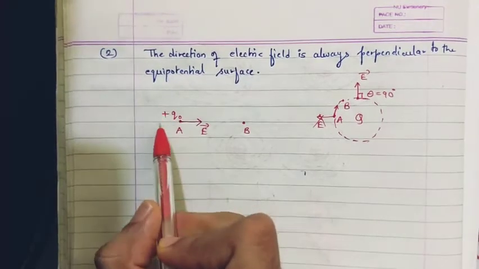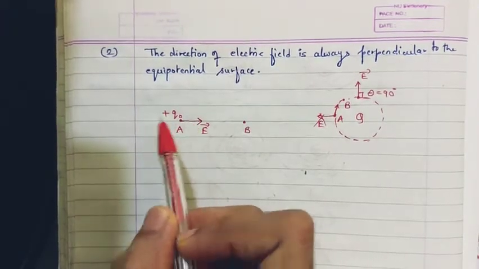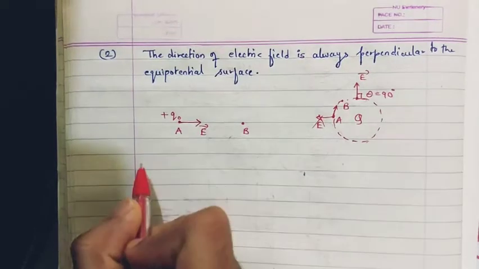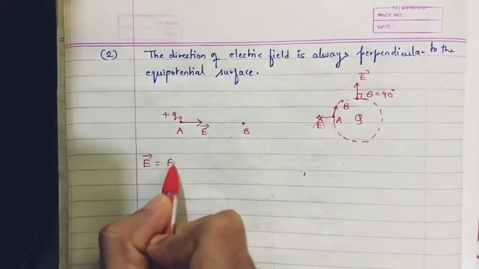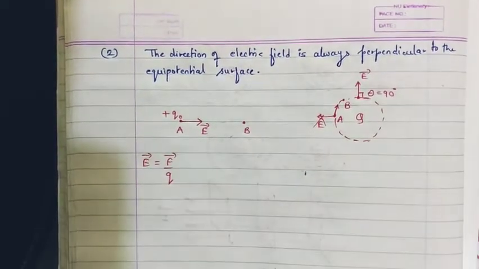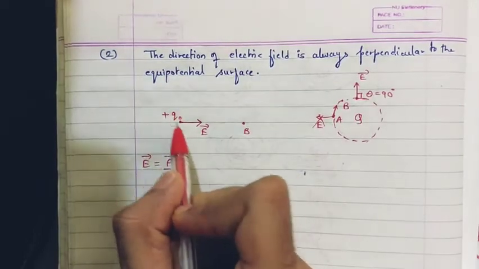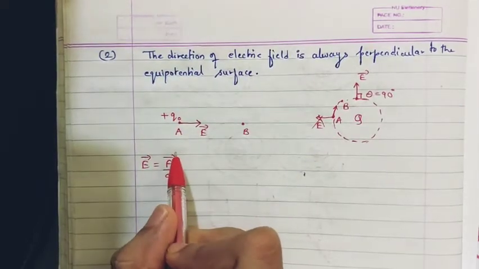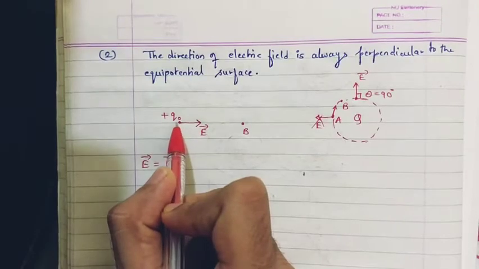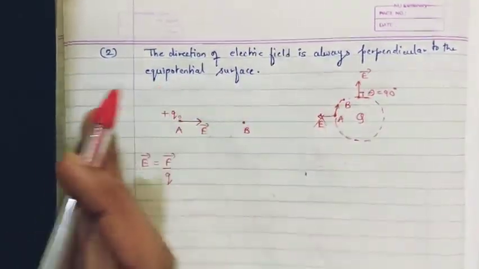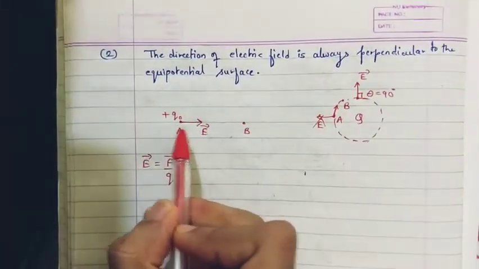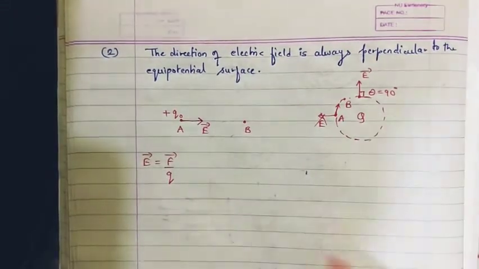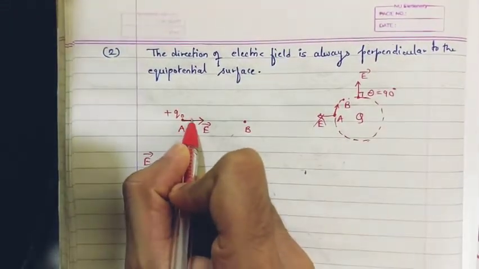Now if I place a positive charge in this electric field, what happens to the positive charge? Electric field is nothing but force per unit charge, right? So this charge is going to experience a Coulomb force, and it will start moving in the direction of the electric field. So basically this charge is going to move in this direction.